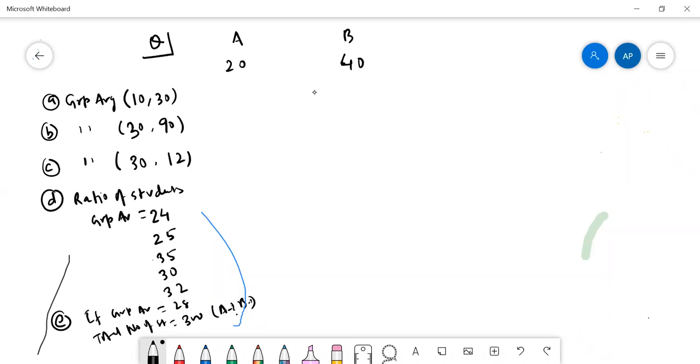A और B में कितने कितने स्टूडेंट्स होंगे? You can just write answers with corresponding question values. Reply to everyone so that everyone can see.